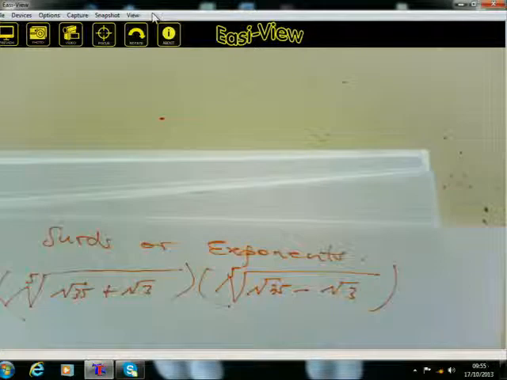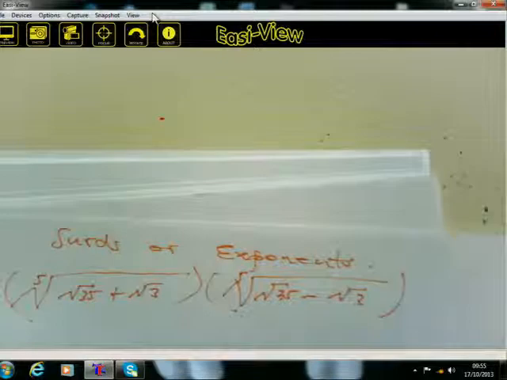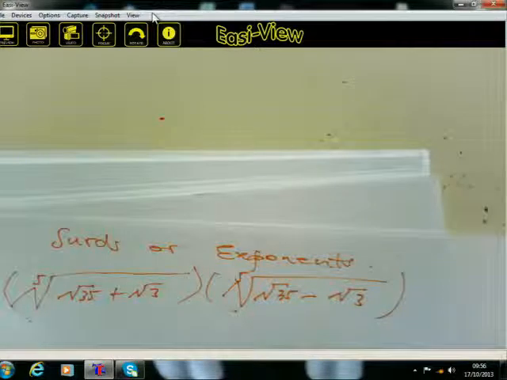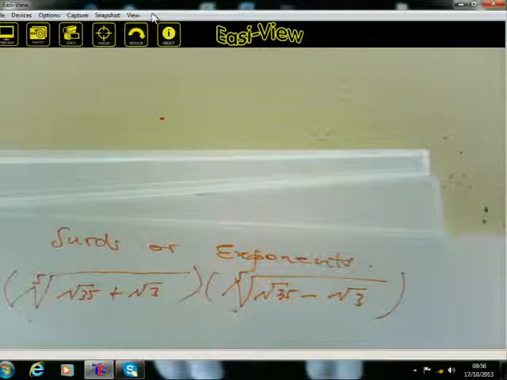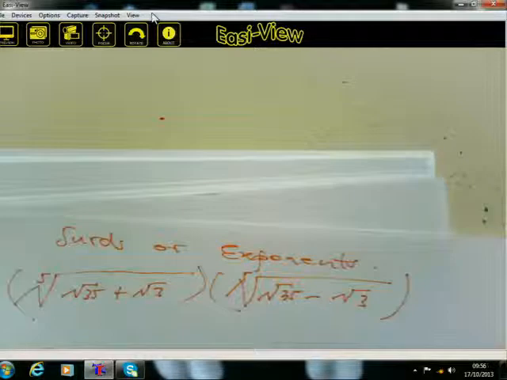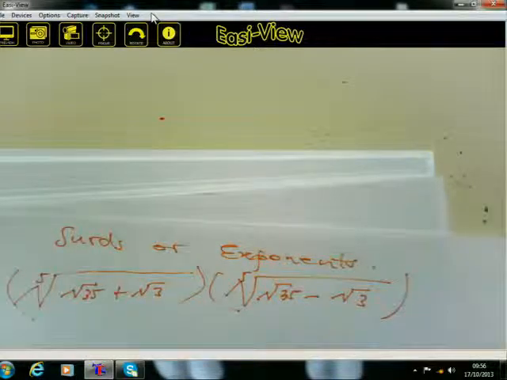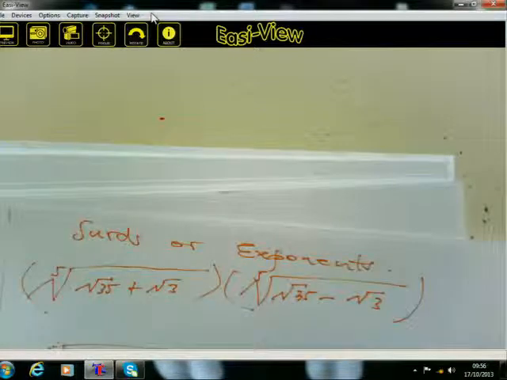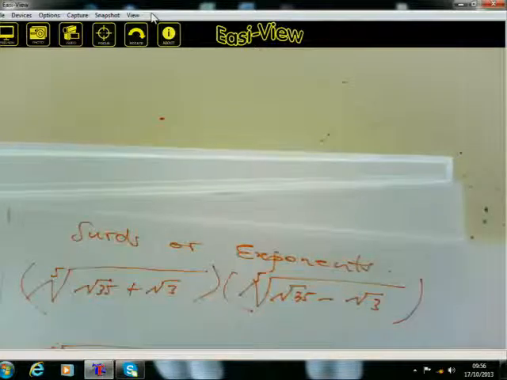What's going to happen there is this: I can say that everything should be under the root of 5 because both of them are under the root of 5. So this is going to be the root of 35 plus the root of 3 multiplied by the root of 35 minus the root of 3.